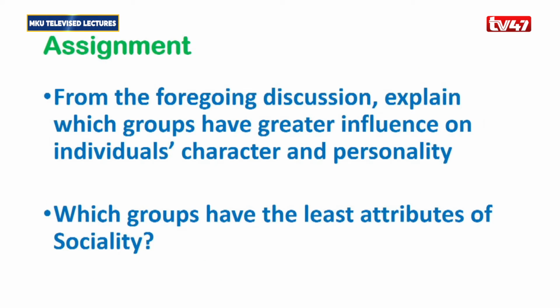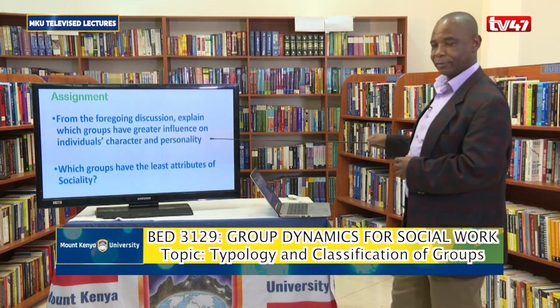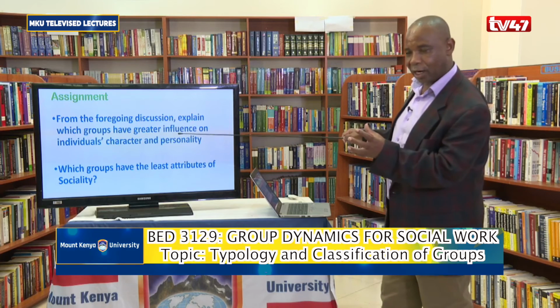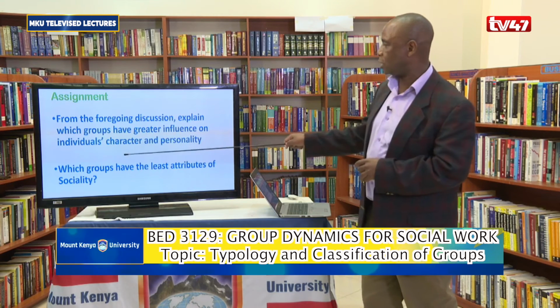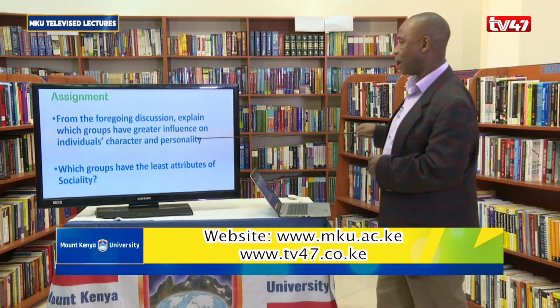Okay, so for that component of our lesson, this is the assignment that we want you to look at. From the foregoing discussion, explain which groups have greater influence on individuals' character and personality. From the different categorizations, pick out any categorization and explain which category has greater influence on individuals' character and personality.